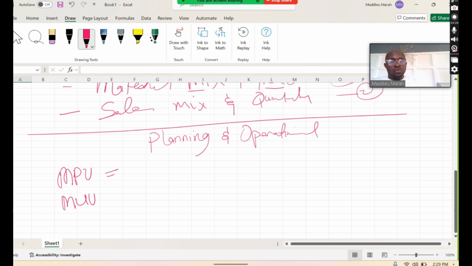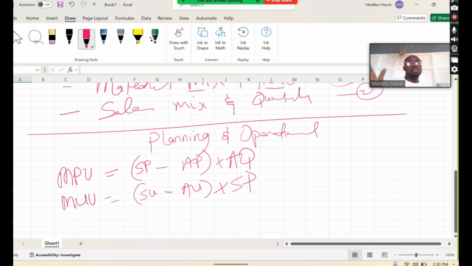Remember? So we do standard price minus actual price multiplied by actual quantity. That is our material price variance formula. Material usage variance is standard usage minus actual usage multiplied by standard price. These are basic variances we did from the management level perspective.